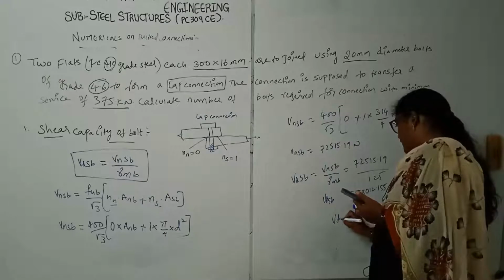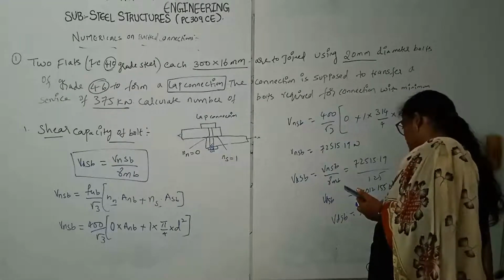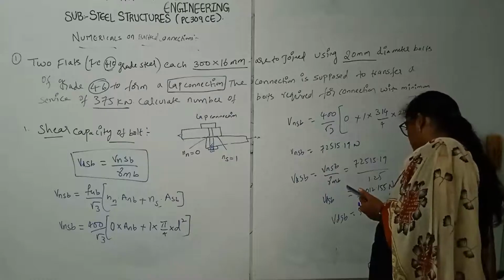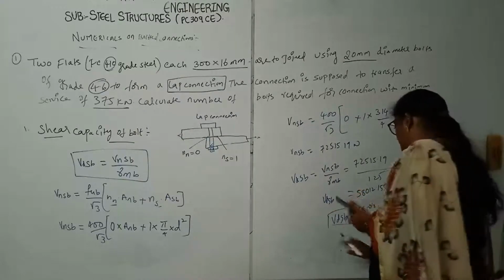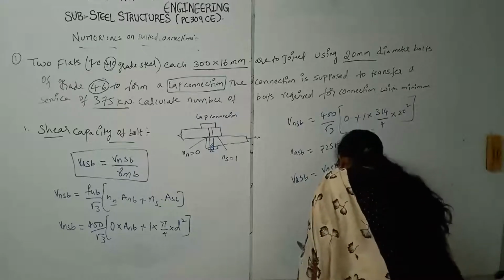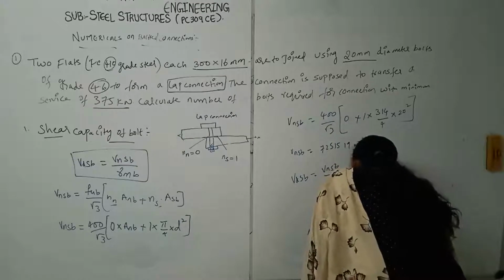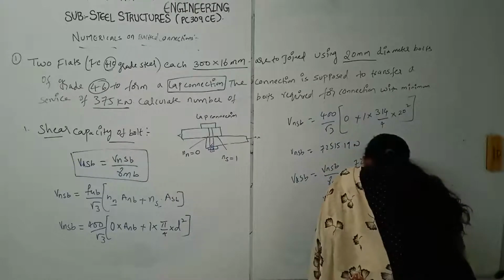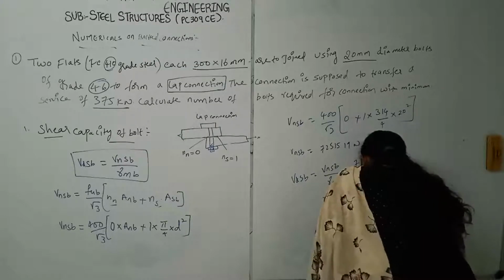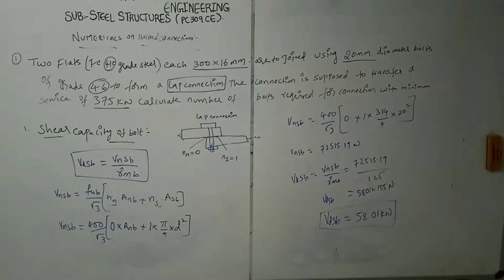So when we convert it into kilonewtons, that gives rise to 58.012 kilonewtons. This is the answer we have got. So next we will calculate the bearing capacity.